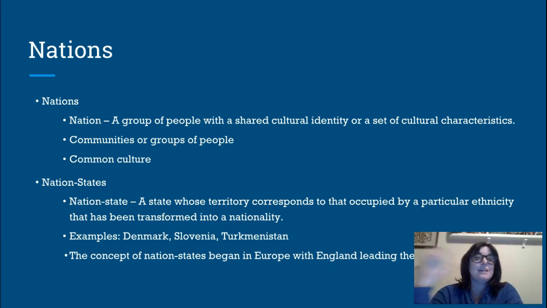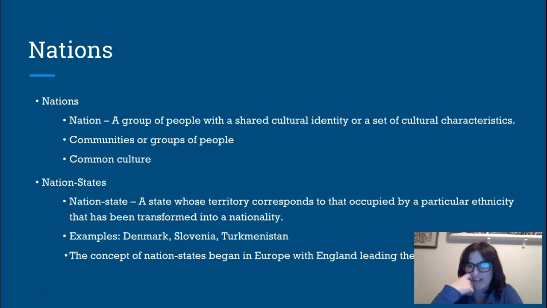The Islamic State, even though they use that incorrectly, they're talking about a united place where all people who practice Islam are united, okay? So a nation has more to do with your cultural identity than it does with your actual country, okay? So that's what a nation is.